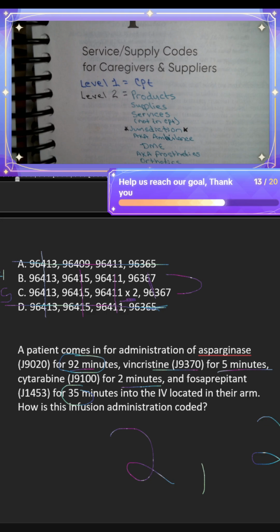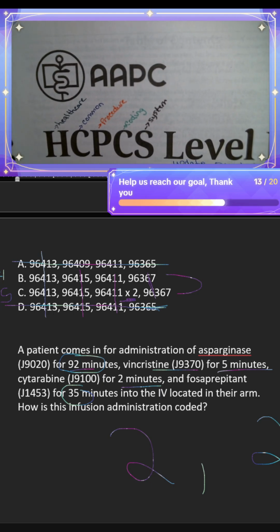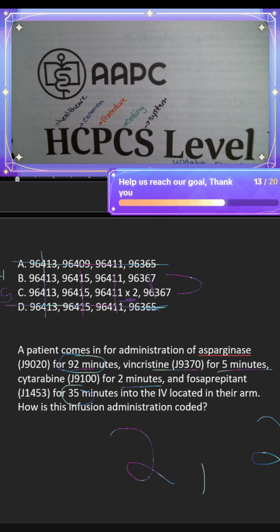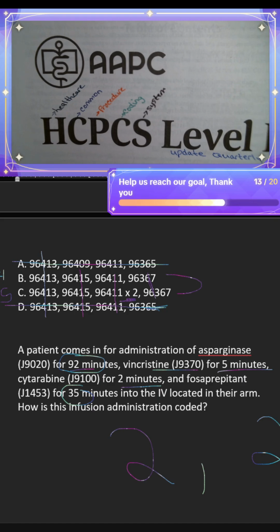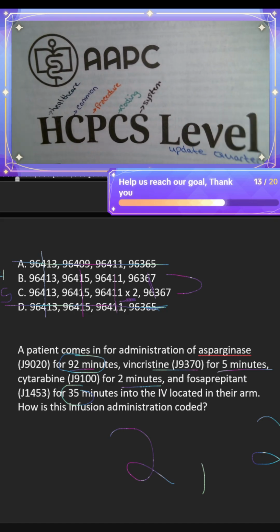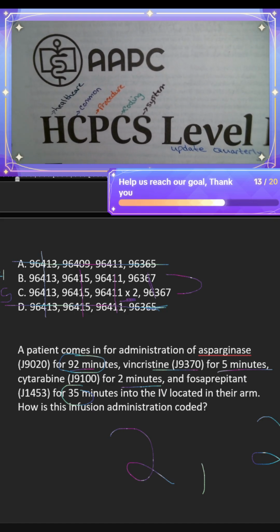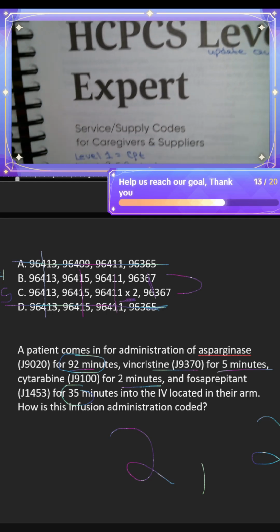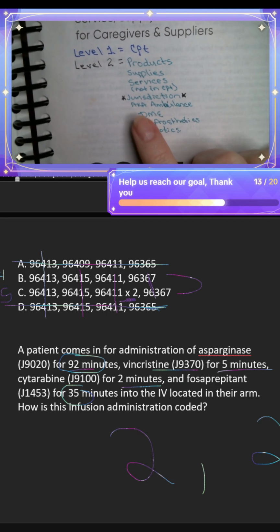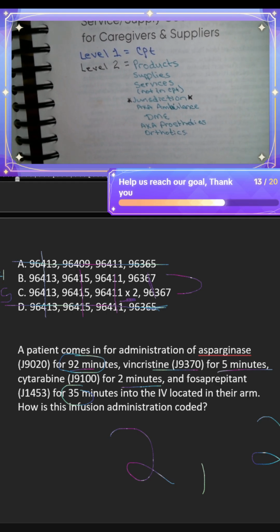So level 1 codes are actually CPT codes. Level 2 codes are your HCPCS codes, which are part of my notes on my website in the shop. If you want to print these out, it does all the HCPCS notes for you all in one document. But that is the first thing it describes in my notes, is that difference.